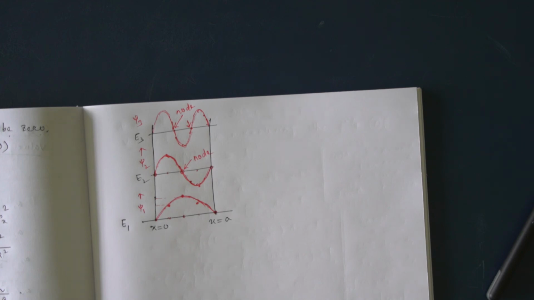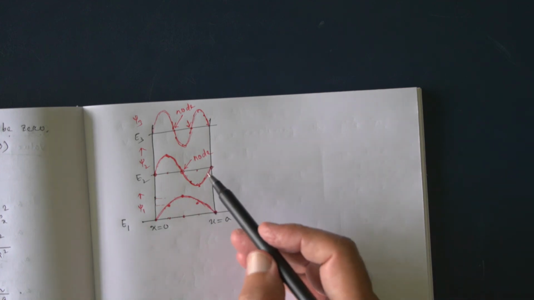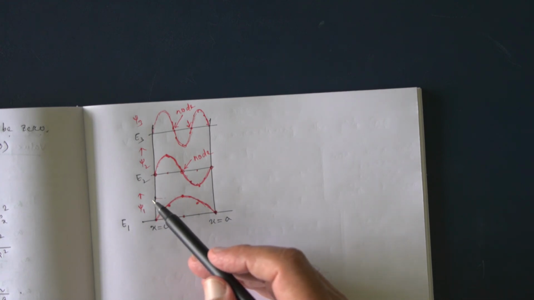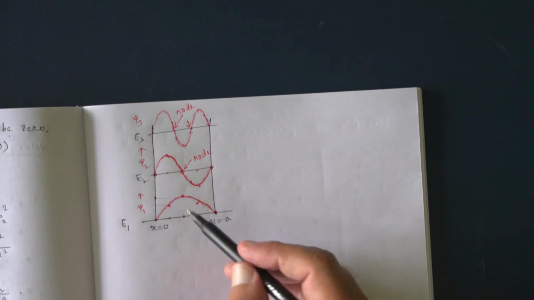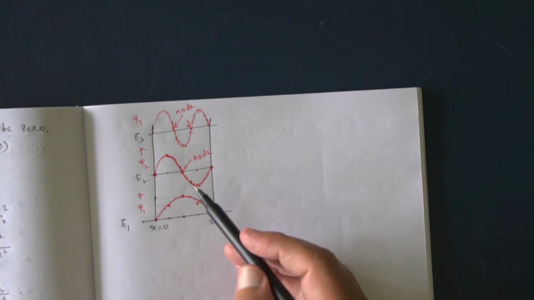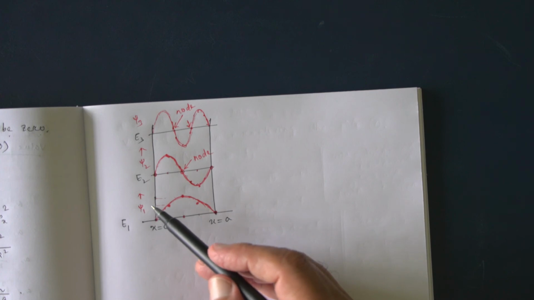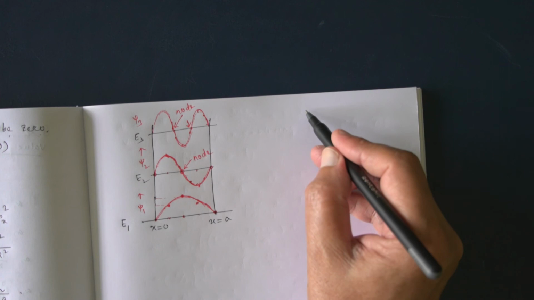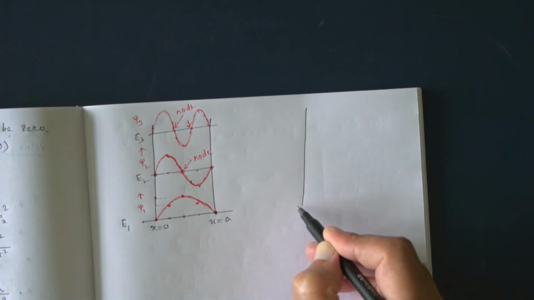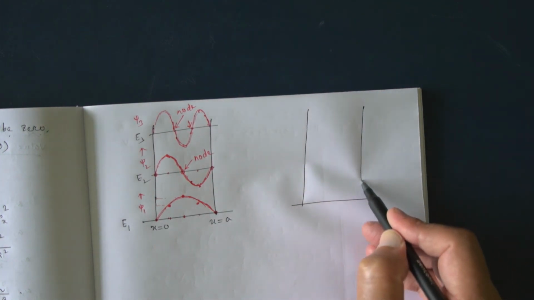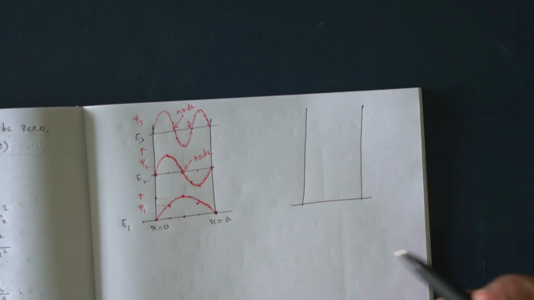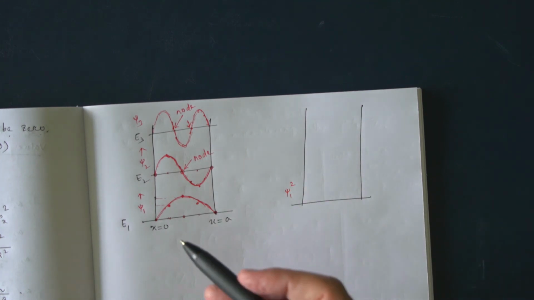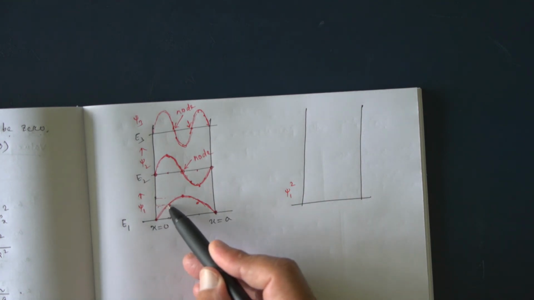Now, it is better to plot psi square against x rather than psi. Why? Because psi square gives the probability. So if we plot psi 1 square, here you see it was 0.7.